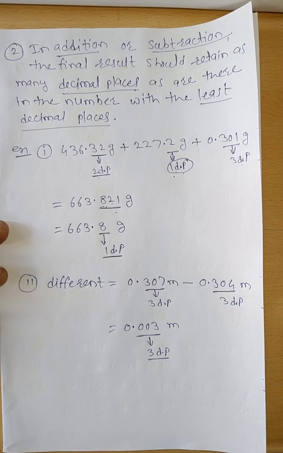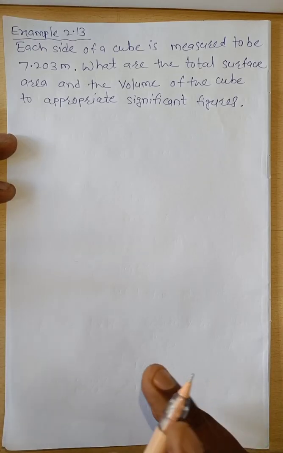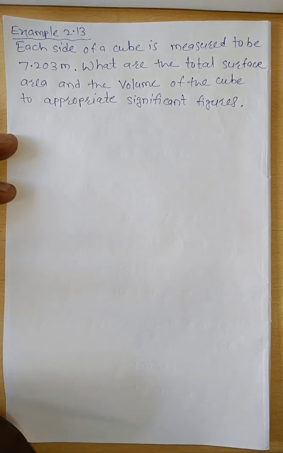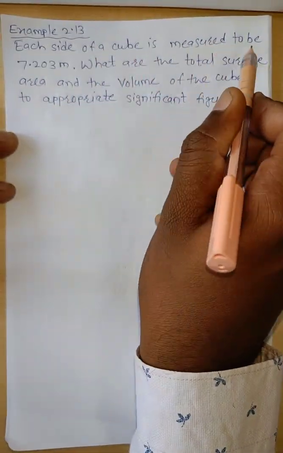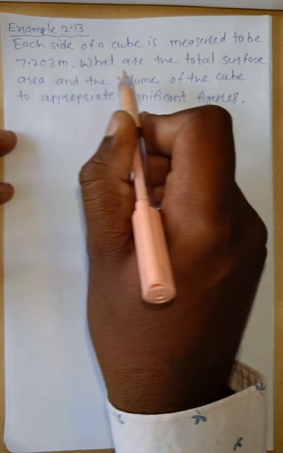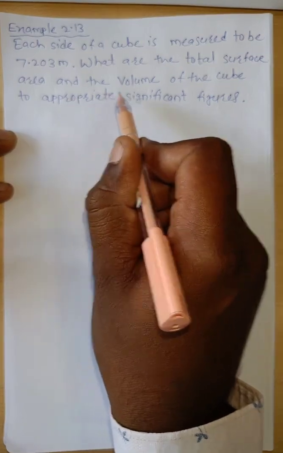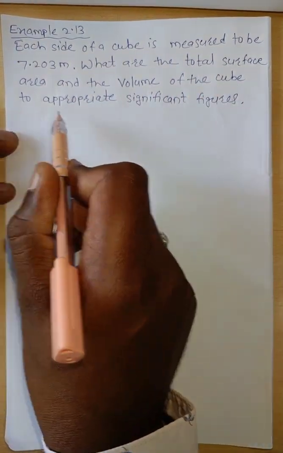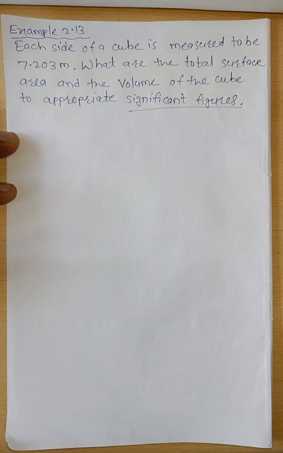Now we have to see one example based on multiplication and division. Next example 2.13: each side of a cube is measured to be 7.203 meter. What are the total surface area and volume of the cube to appropriate significant figures?